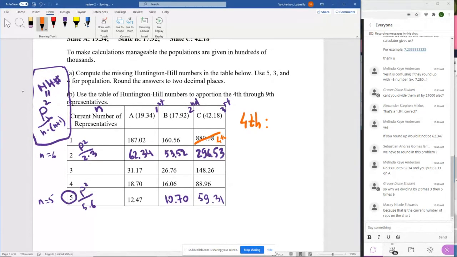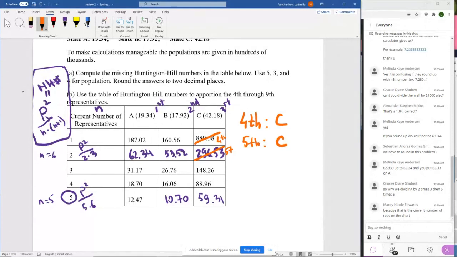So the fourth goes to state C. Fifth, we look at the table, so we cross off 889. We look at the other numbers. What number is the next? Be careful. So the next is 296. So the fifth goes to state C as well.